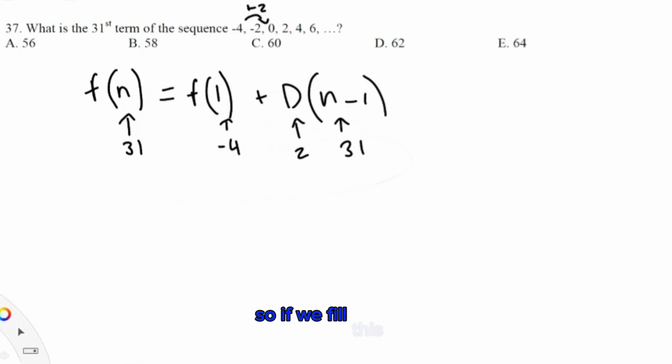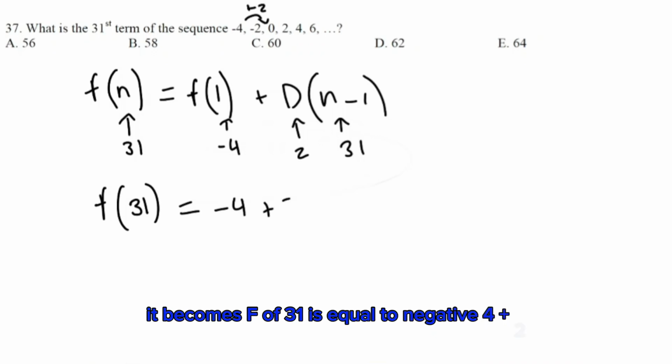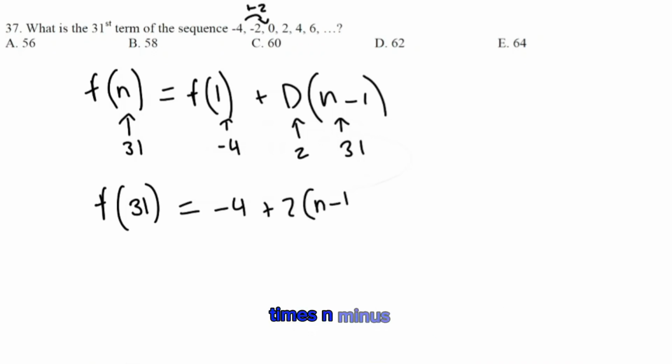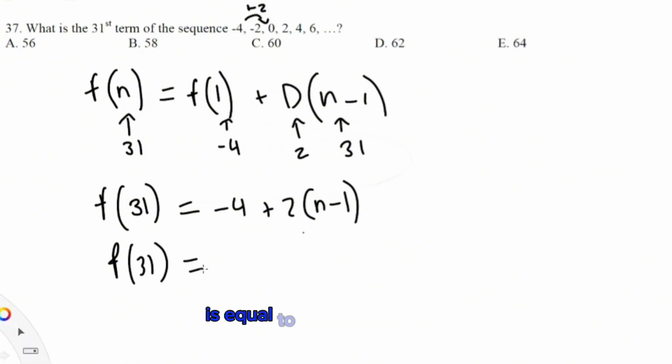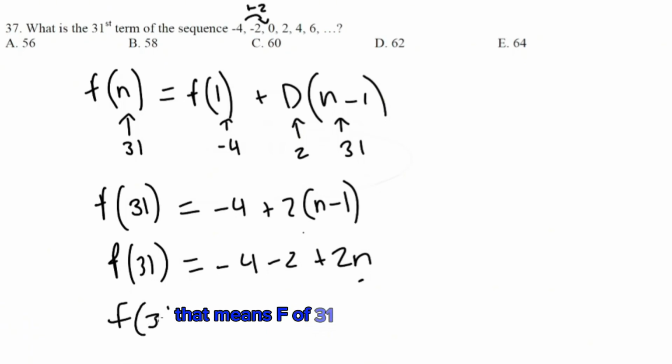So if we fill this out, it becomes f of 31 is equal to -4 plus 2 times n minus 1. That becomes f of 31 is equal to -4 minus 2 plus 2n. That means f of 31 is equal to -6 plus 2n.